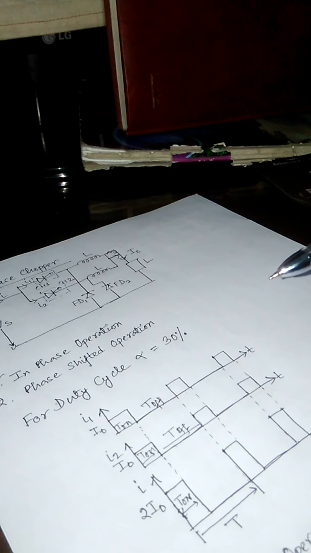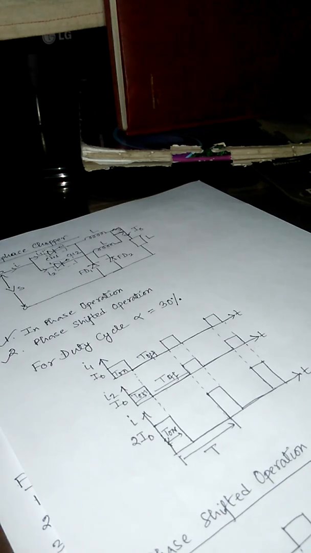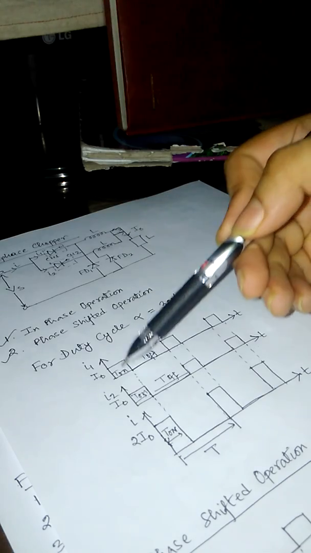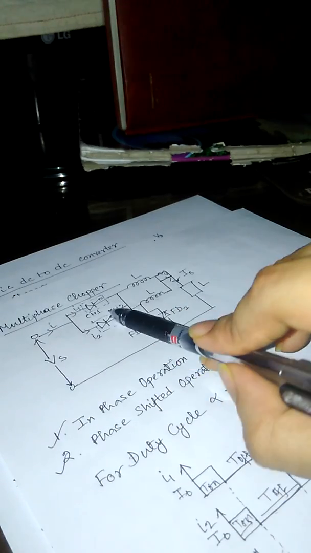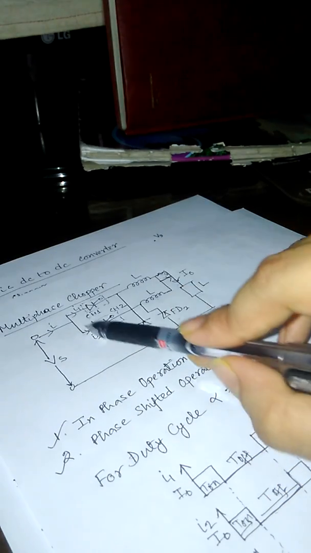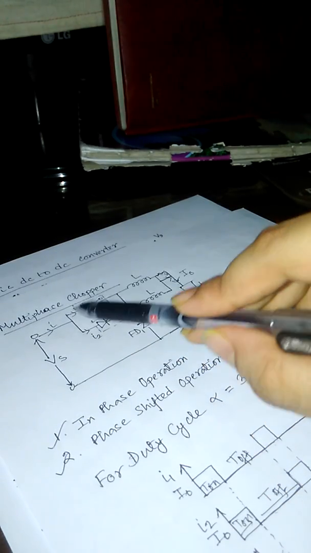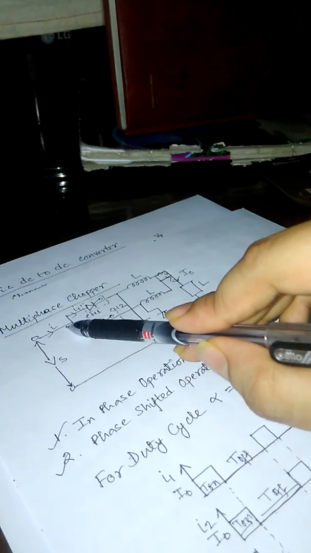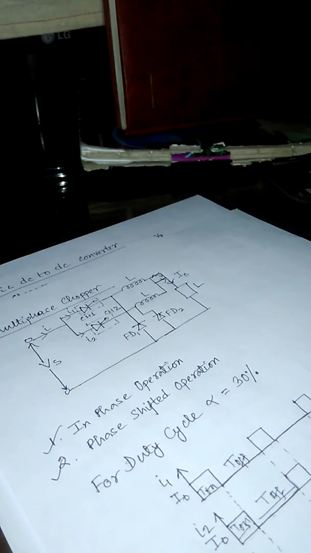Now if we draw the total input current waveform, what will happen? See, that is going to be I1 plus I2, because as per the circuit, the summation of these two currents I1 and I2 represents the total input current I. As both choppers conduct at the same instant, the input current is going to be doubled up.